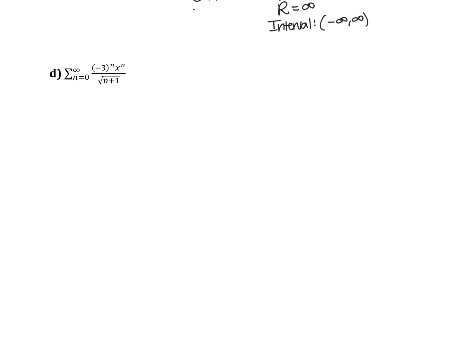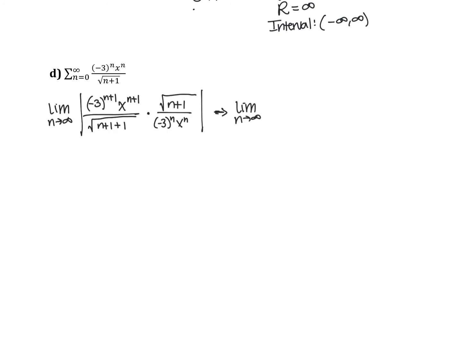If we look at this next one, it gets a little bit messy, so I'm going to go ahead and hit pause and write the formula out, and then we'll talk. So first I'm going to substitute in my n plus 1 term, so negative 3 raised to the n plus 1, x raised to the n plus 1 over the square root of n plus 1 times, I'm going to do my copy dot flop, the square root of n plus 1 over negative 3 to the n, x to the n.